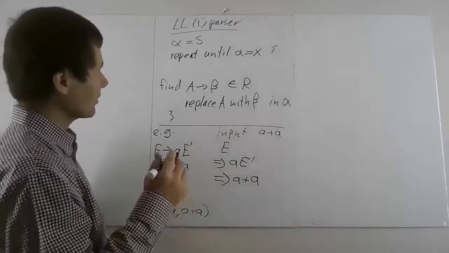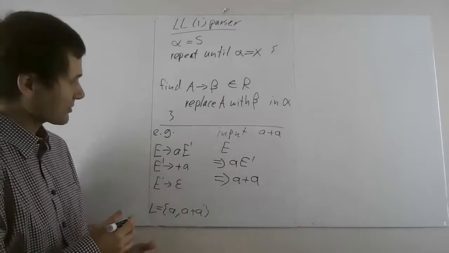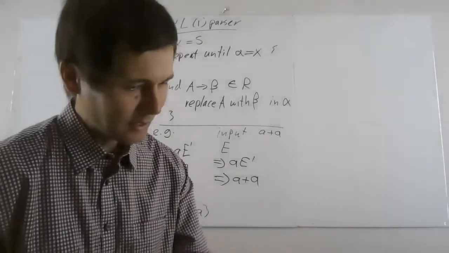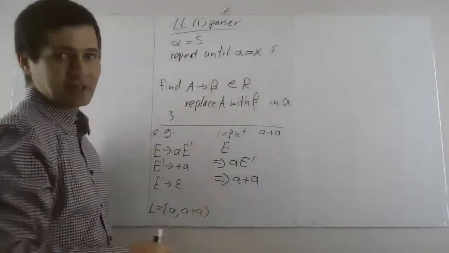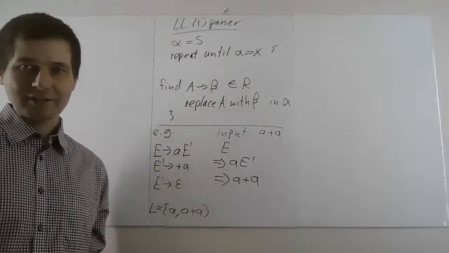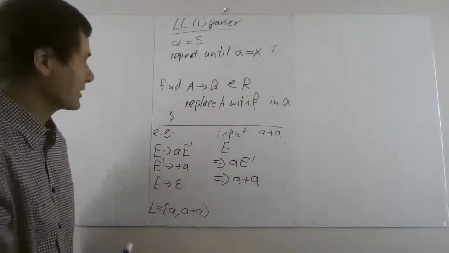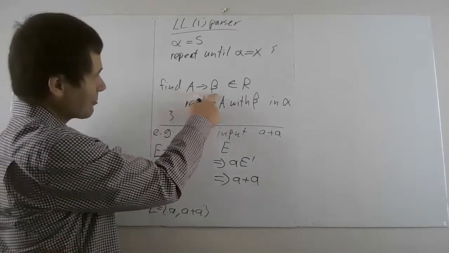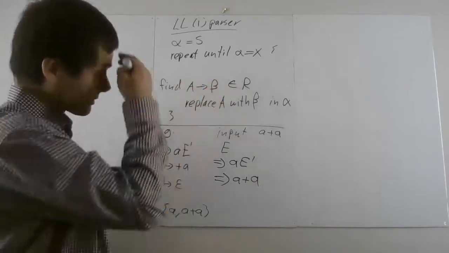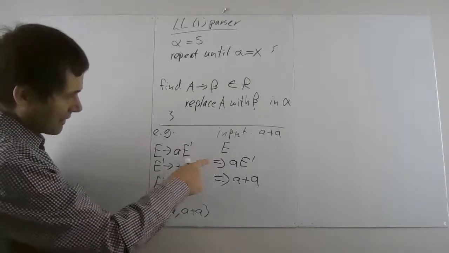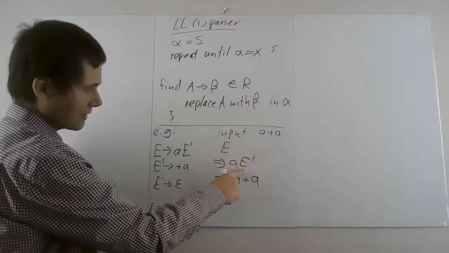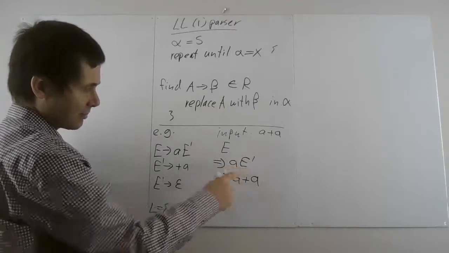All right, hopefully that's okay. Now, there's a bit of magic in here, so I want to clear up the magic. The magic is, how do I pick this production rule to apply at each step? We had a choice here when you have A, E prime.